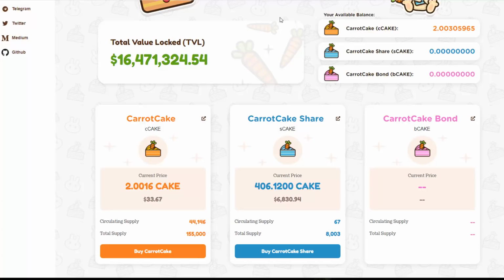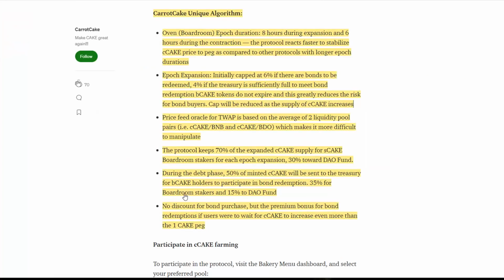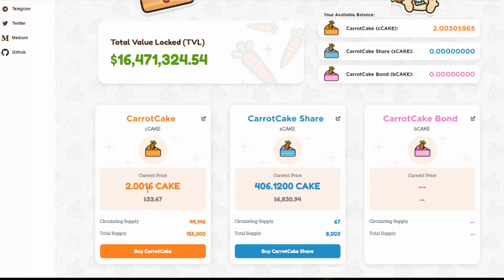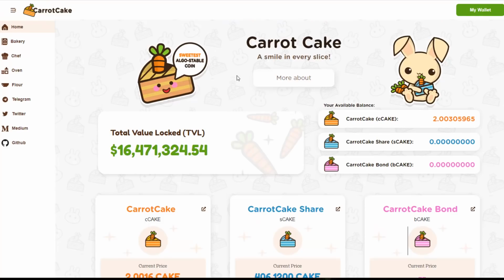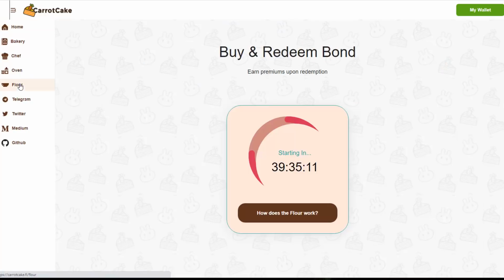That 70%, it says here, the protocol keeps 70% of the expanded cCAKE or CarrotCake supply for sCAKE. So what that means is when this expands, and you'll be able to see this, well, you can't see it now because it still hasn't happened.